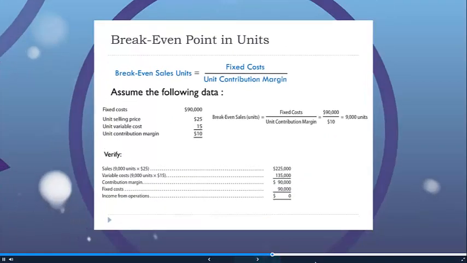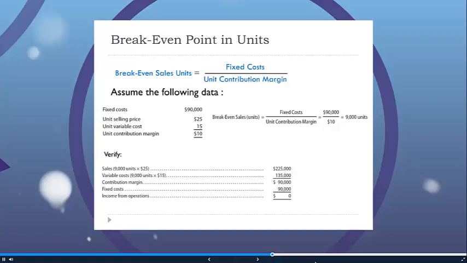In order to find the break-even point, our fixed costs have to be covered by our contribution margin. Therefore, when we want to look at our break-even in sales units, we would take our fixed cost and divide that by our unit contribution margin. Remember, if we want to find our units to break even, we would use our unit contribution margin. Units equal units.